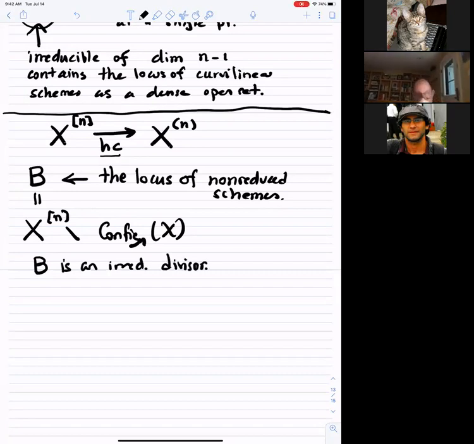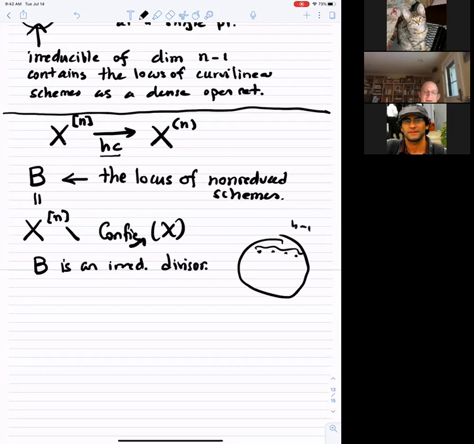So that will be an important thing for us to know. In other words, the typical point of B looks like you have n minus 2 distinct points and 1 double point, right? And everything is in the closure of that.